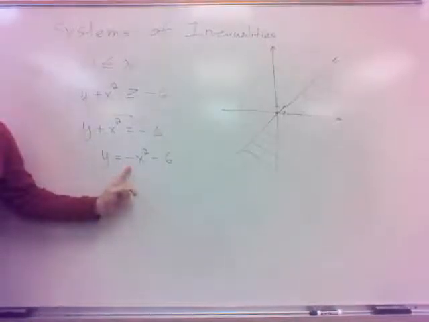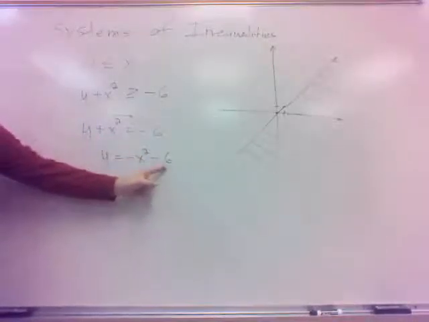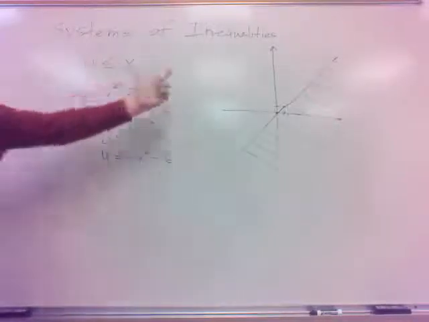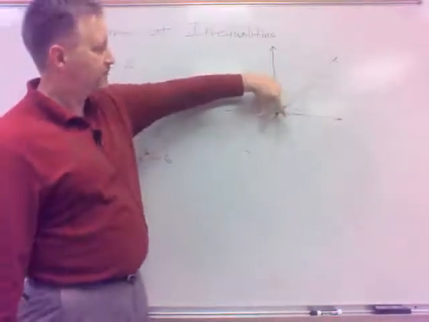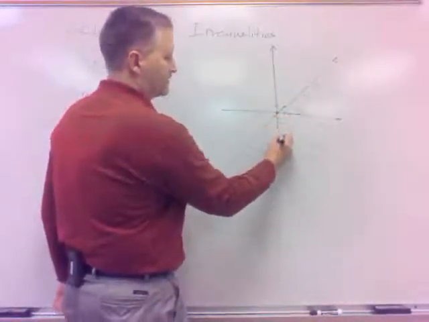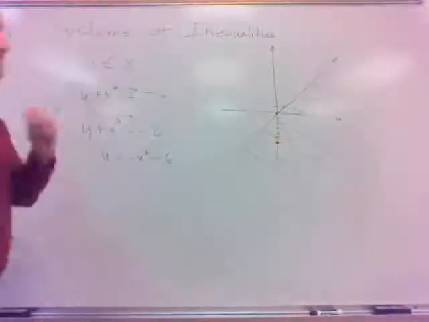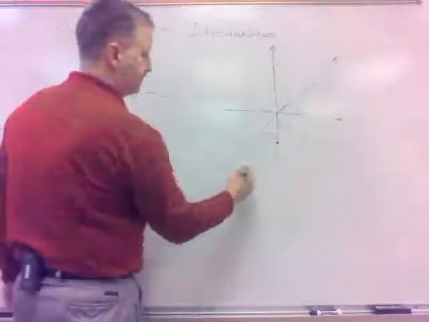Flipped over, inverted parabola, upside down parabola, opening down parabola, and that one shifted down 6, isn't it? So that puts the vertex, if I take my parabola, reflect it, and then move it down 6, that's going to move it vertex-wise down here. They won't get too complicated, I don't think, on the parabolas. So that's the vertex down there.